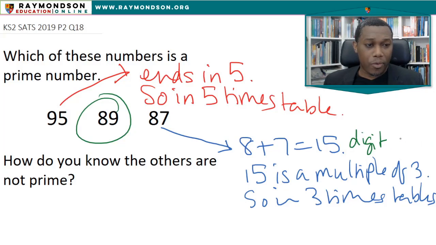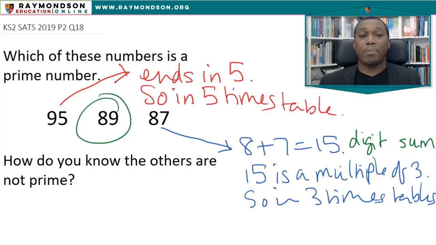Right, the digit sum. Because the digit sum is a multiple of 3, that means the number is in the 3 times table. So these are a couple tests of divisibility, and you can use those to identify prime numbers. Really popular problem-solving technique there.